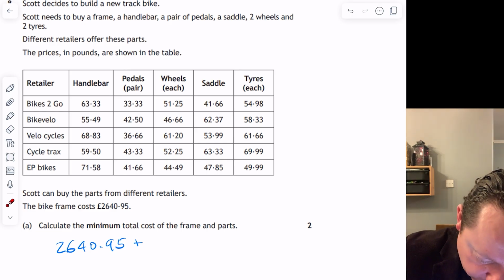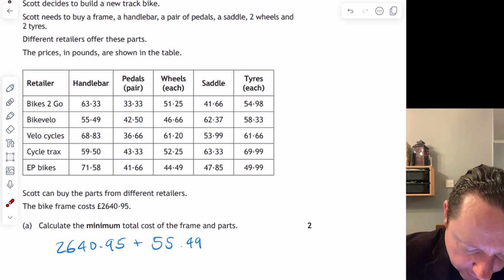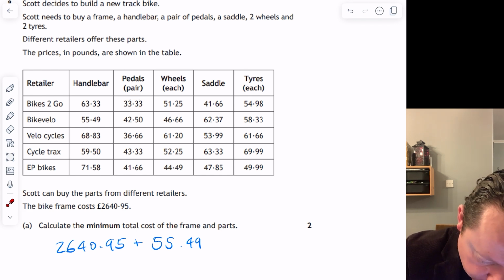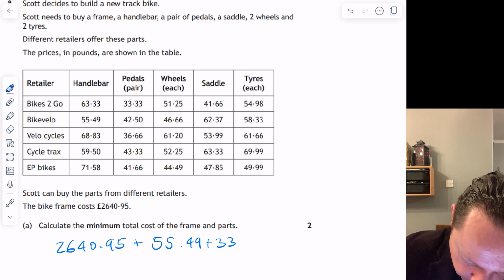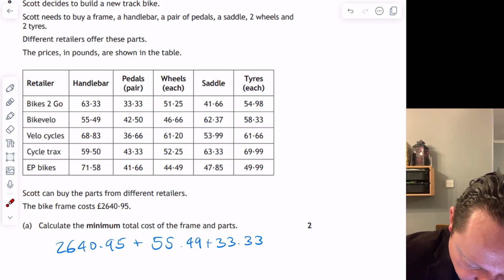So handlebar, the cheapest place to go is going to be in this column. And we're looking for the smallest number, which is 55.49. So I'm going to add 55.49. And then we want the pedals. Well, 33.33 is the cheapest. And then we want wheels, but we want 2 of them. So the cheapest place to buy wheels is 44.49.